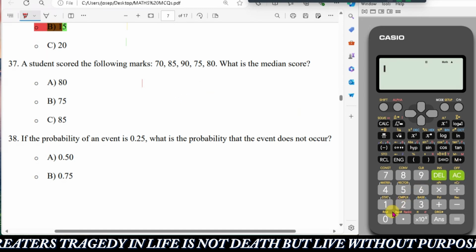So I will type it inside the calculator. So we have the least among all of them, which is 70.